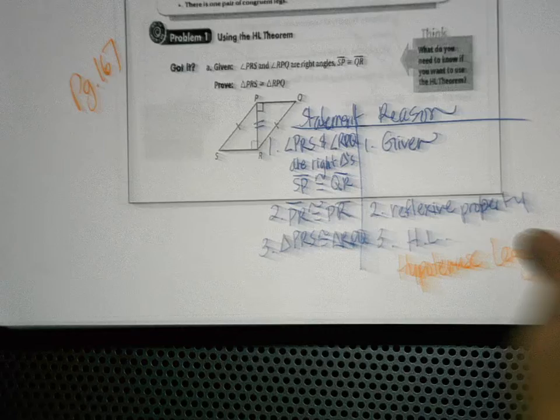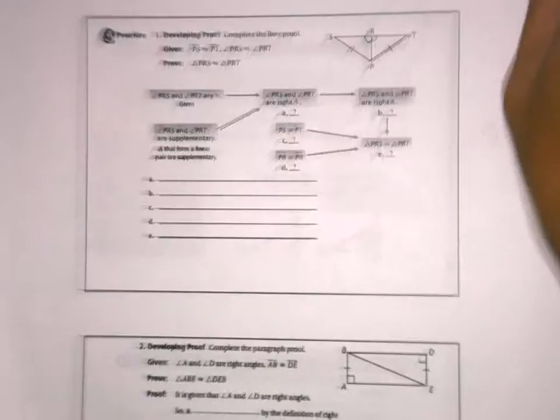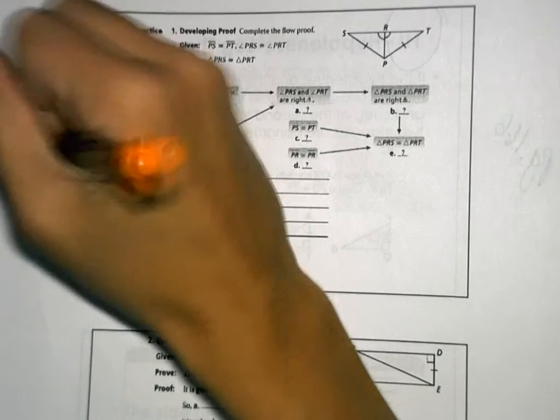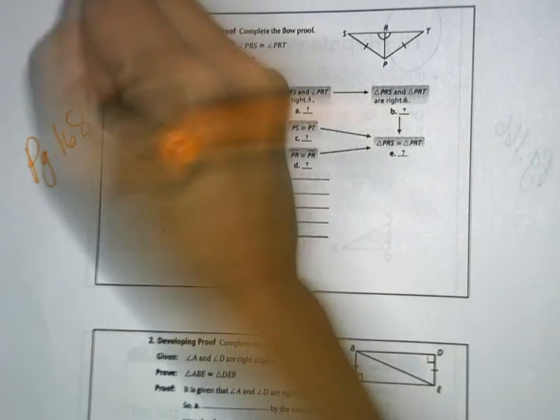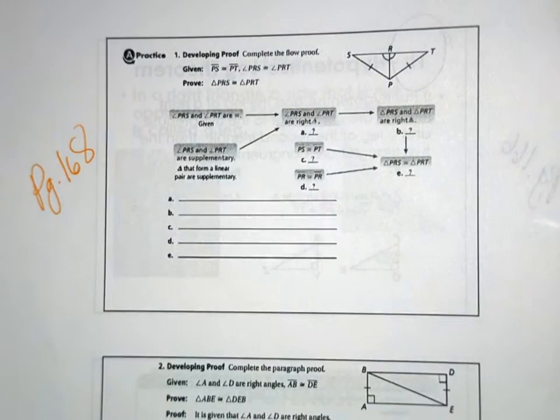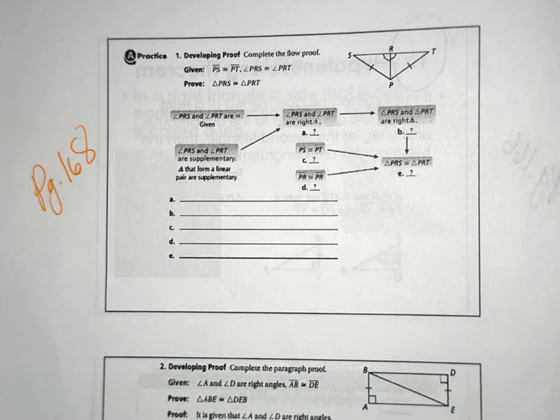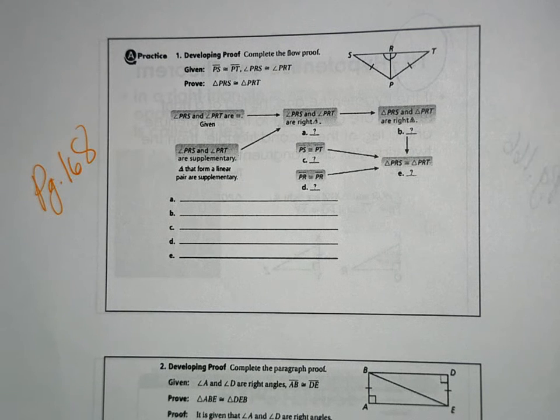All right, moving on. We're going to move on to page 168, and we're at practice problem number 1. So they have a proof flow chart here. Let's go through and look.